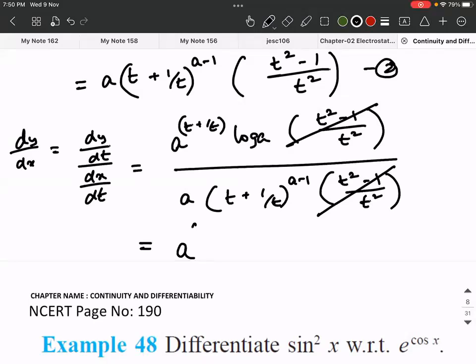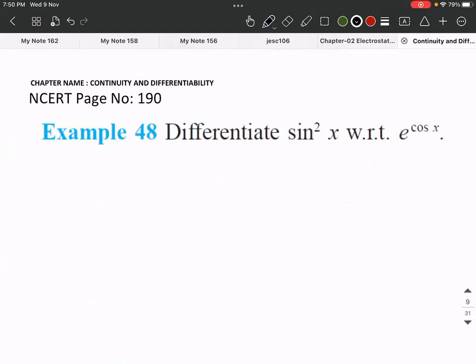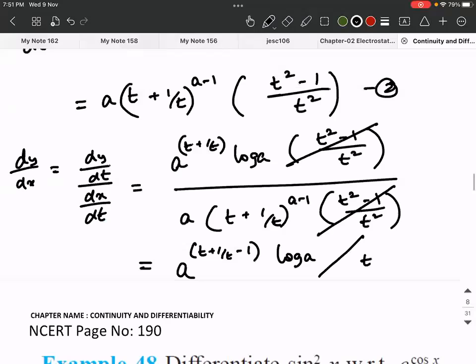So a to the power of (t plus 1 by t minus 1) into log a, the whole divided by (t plus 1 by t) to the power of a minus 1.